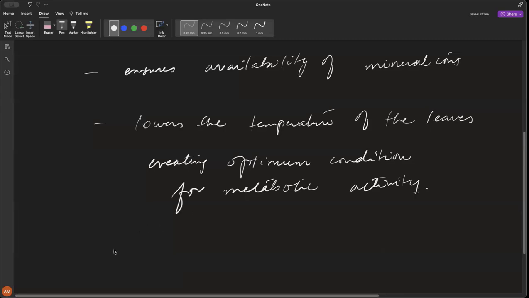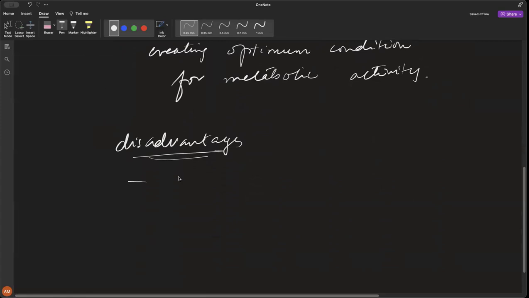And there are a few disadvantages as well. Loss of turgidity and turgor pressure in the leaf. What are the disadvantages? Disadvantages are only there if there's excess. If excess transpiration occurs, then what happens?